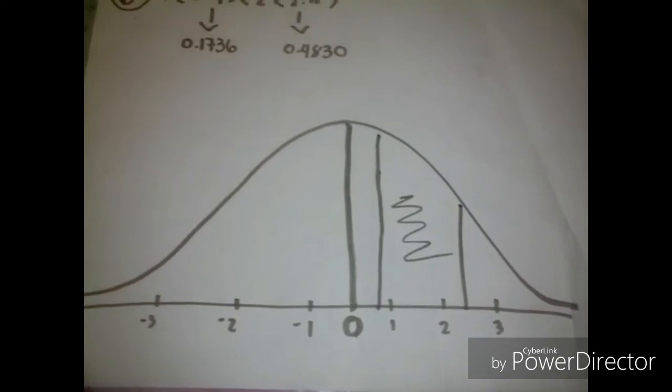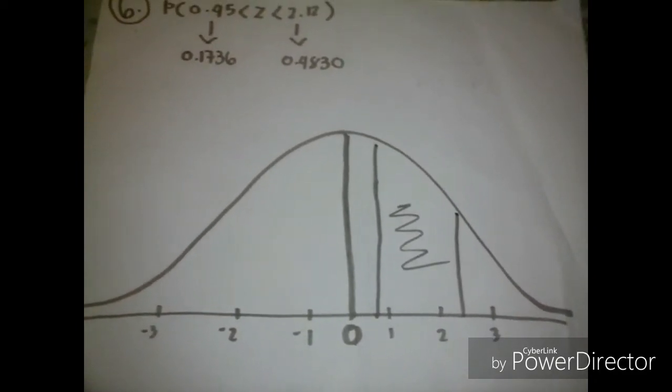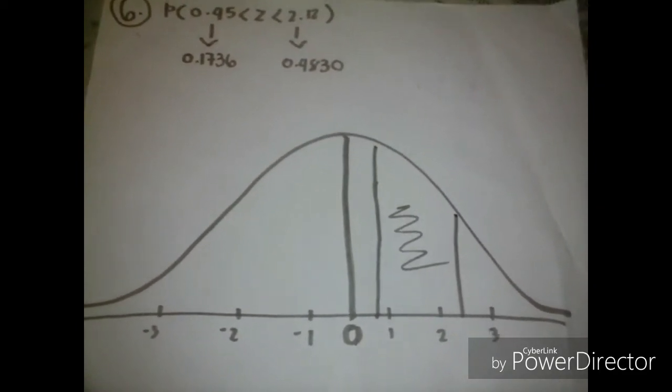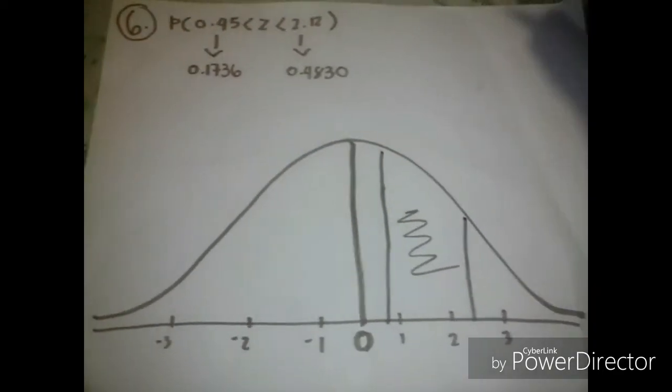And after that, subtract the area of 0.45 from 2.12 because the mean is not included.